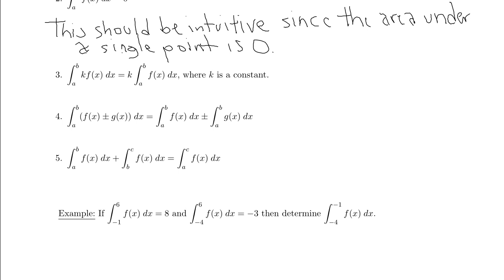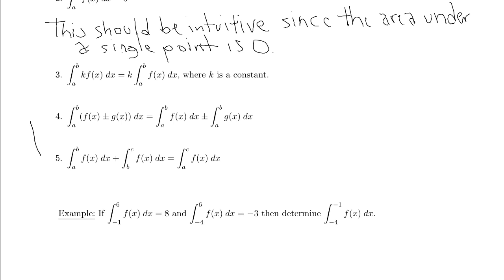That's a vertical translation by a factor of k, right? So it's going to be either stretched or compressed, depending on whether or not k is a fraction. Sorry, I should say it's a vertical expansion or a vertical compression. It could be either of those things. And so all that's going to happen is it's going to increase or decrease your area by the same factor. And so that's why we can apply the k before, or we can apply it after.